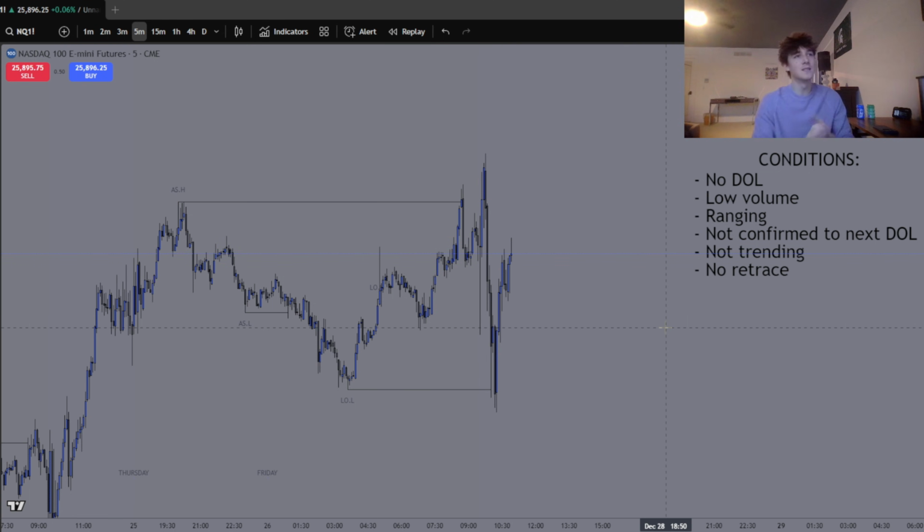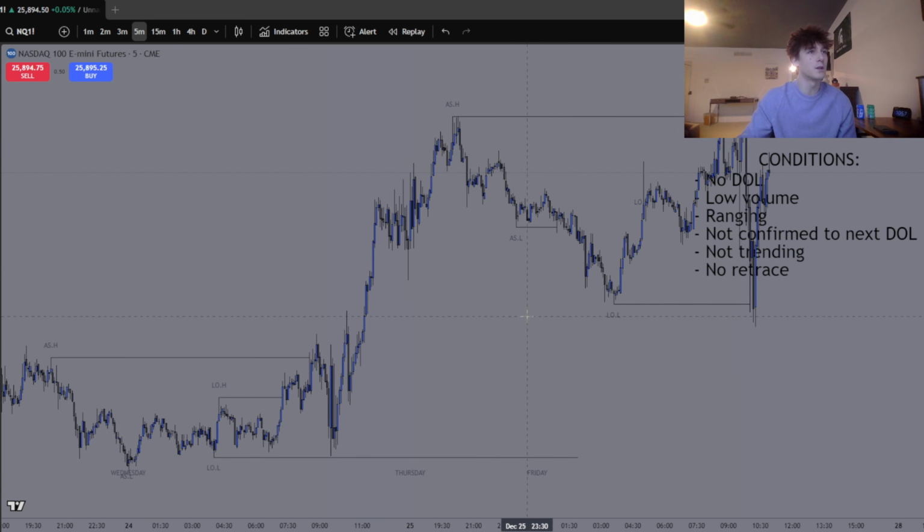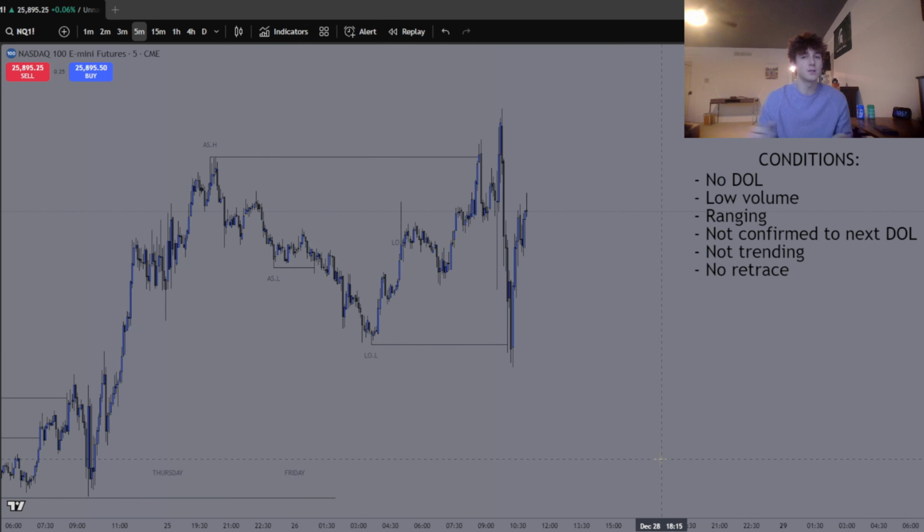Numero dos is low volume in the markets, right? As you've seen, obviously I didn't post yesterday because of Christmas, and you might have seen in the past few days we have overall lower volume in the markets. And what does this indicate? It is indicating lower probability conditions, right? So as a continuation trader, you are essentially banking off volume to a draw, because your entry model is volume after a retracement of price.